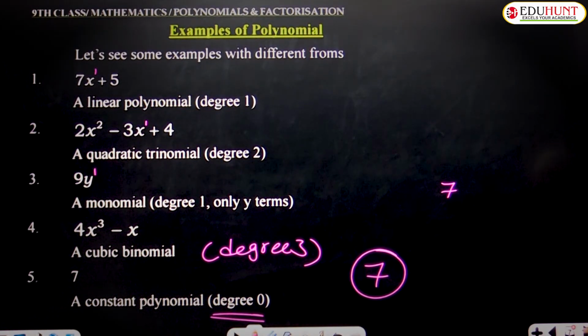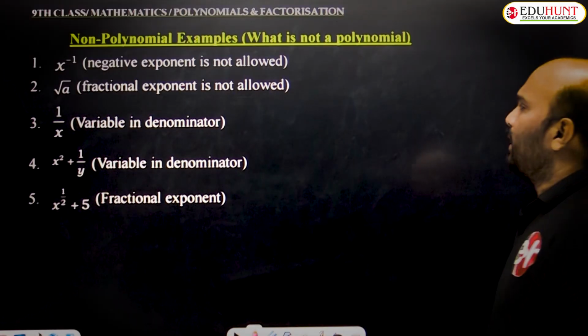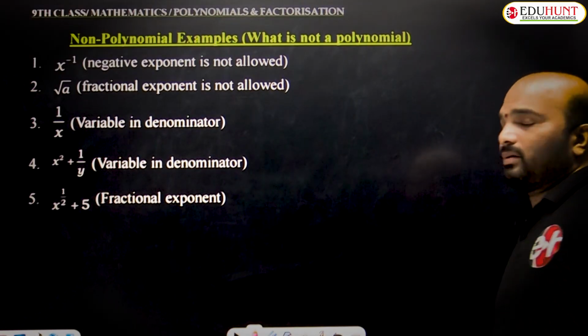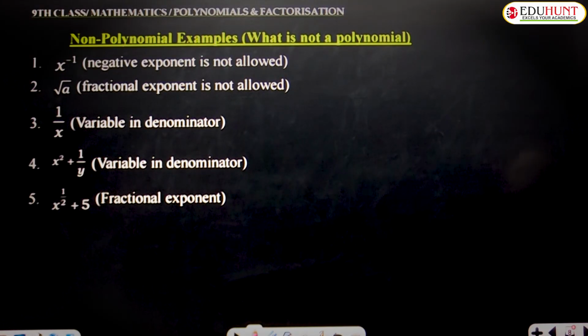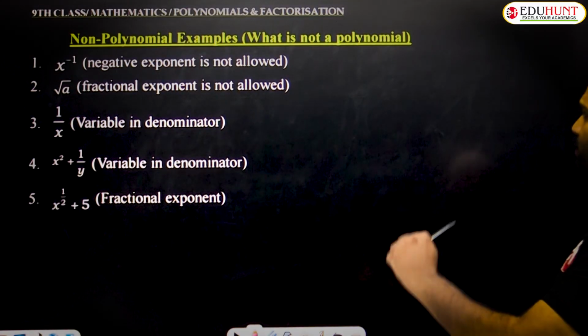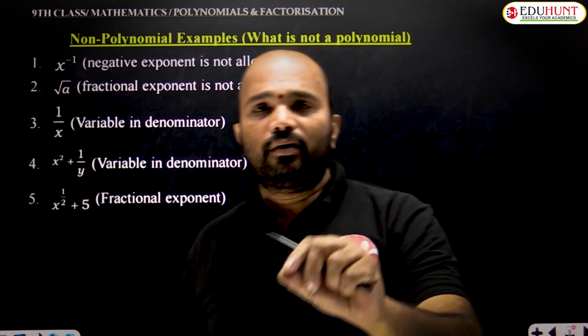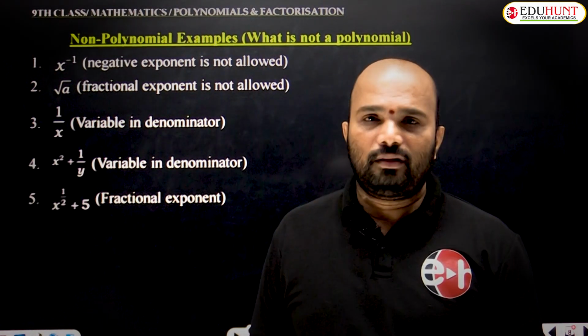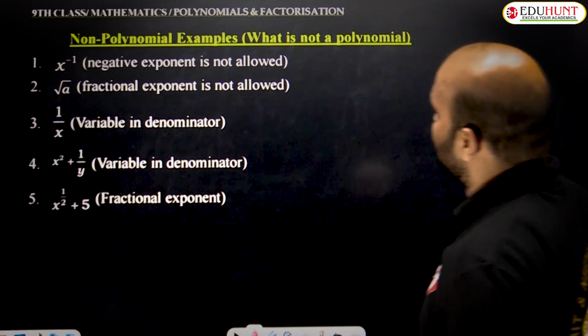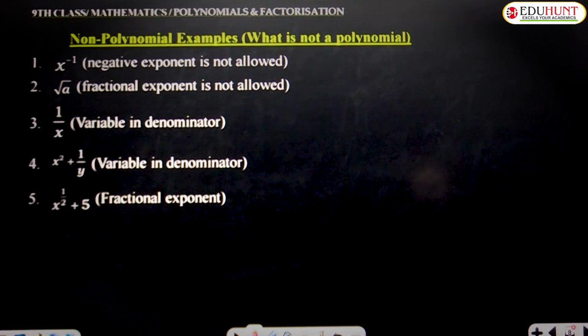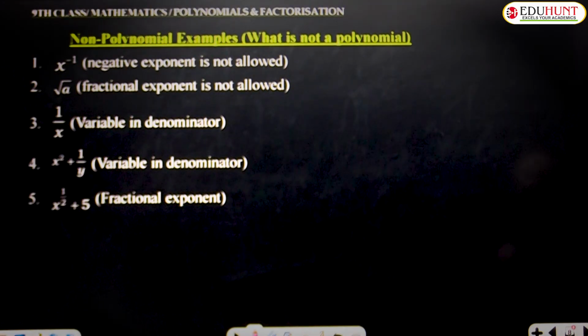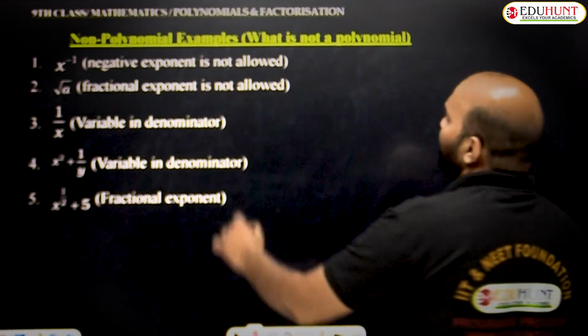Clear? Now, non-polynomial examples: what is not a polynomial? This is very important. Which of the following is not a polynomial? Sometimes I ask which of the following equations is not a polynomial. So non-polynomial example, x power minus 1: a negative exponent is not allowed.